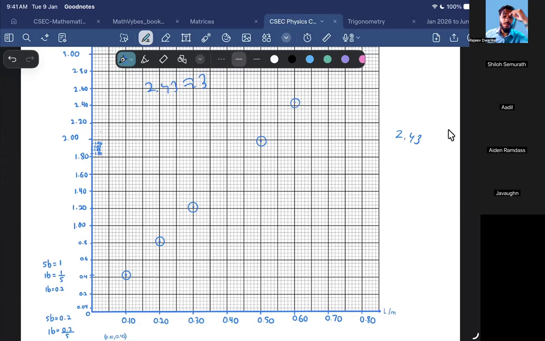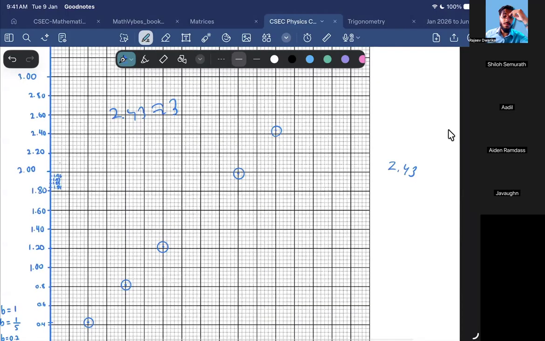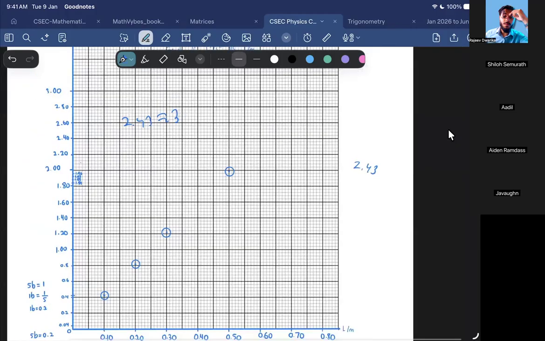What about you all? Do you agree or no? He says a bit below. A bit below, why? Because it's not exactly 2.4. Exactly. Good. I would lose marks for that if I didn't plot it exactly at 2.44.